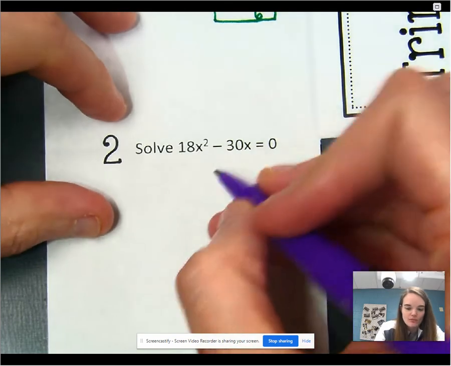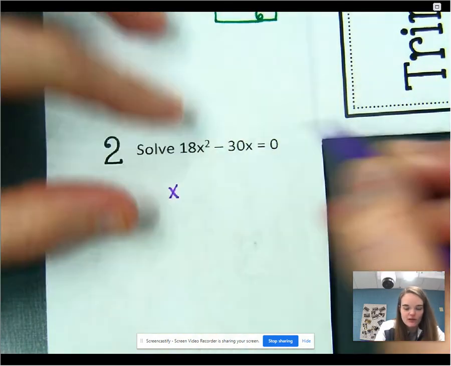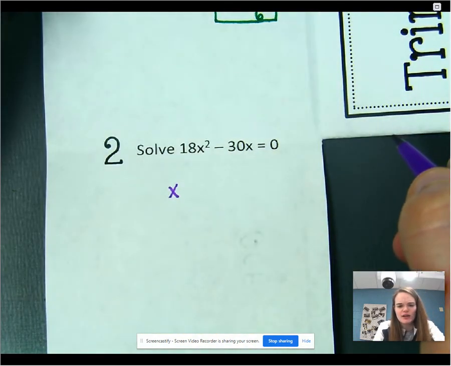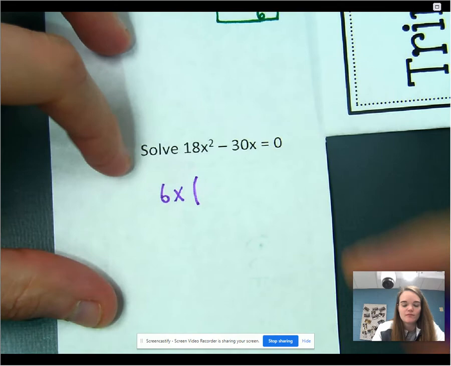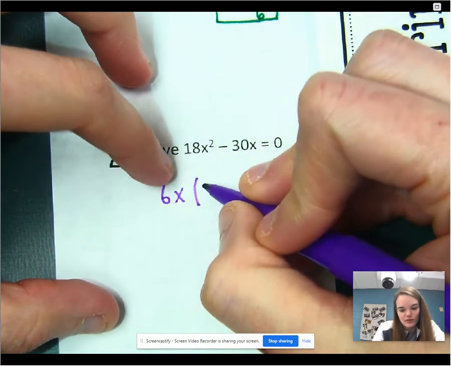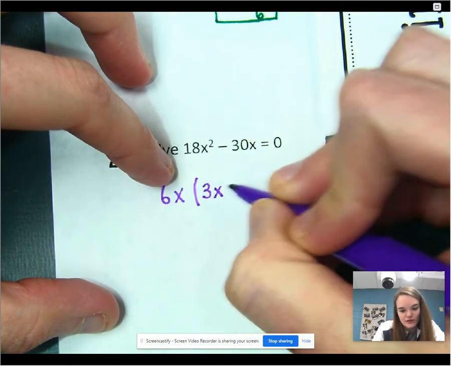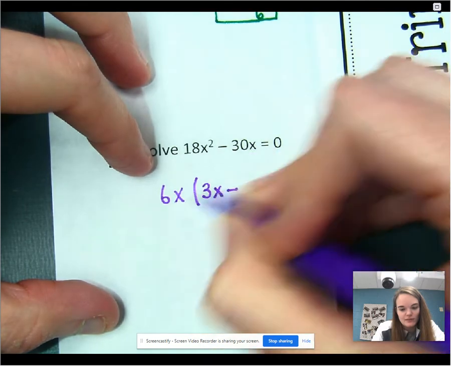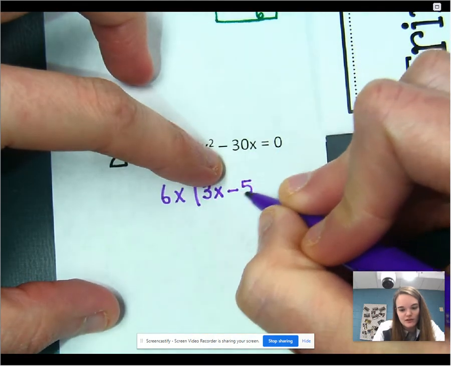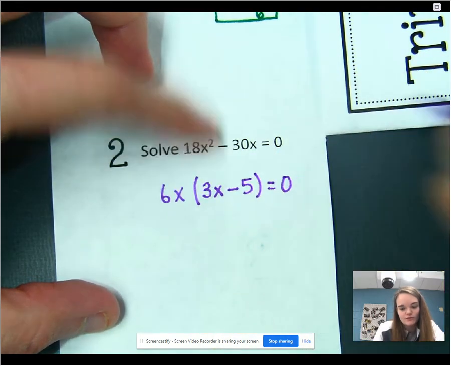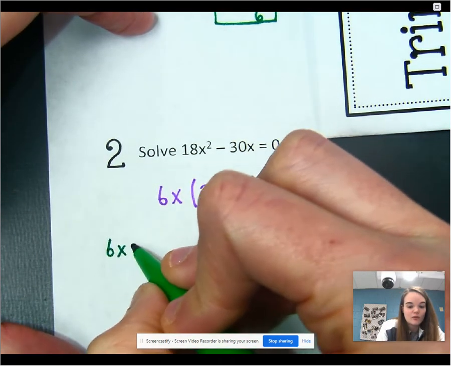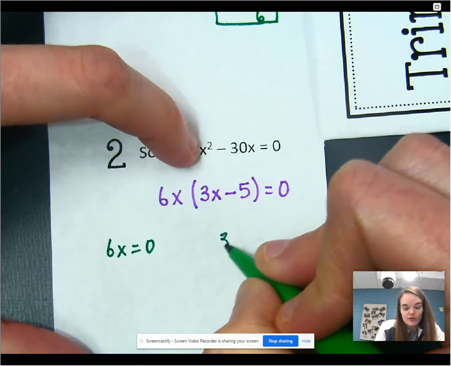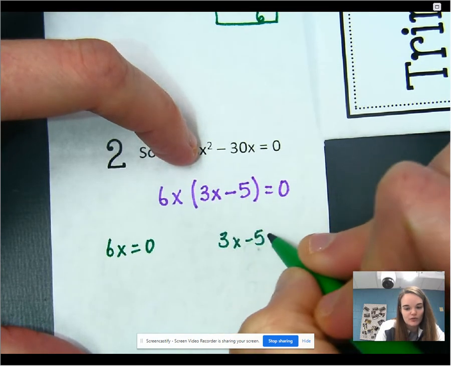Okay. I can definitely take out an x. 18 and 30. I can take out a 3, but can I take out anything higher? Yeah, a 6. I can take out a 6. 18 divided by 6 is 3, and then x minus 30 divided by 6 is 5. And that equals 0. Now separate. 6x equals 0. 3x minus 5 equals 0.